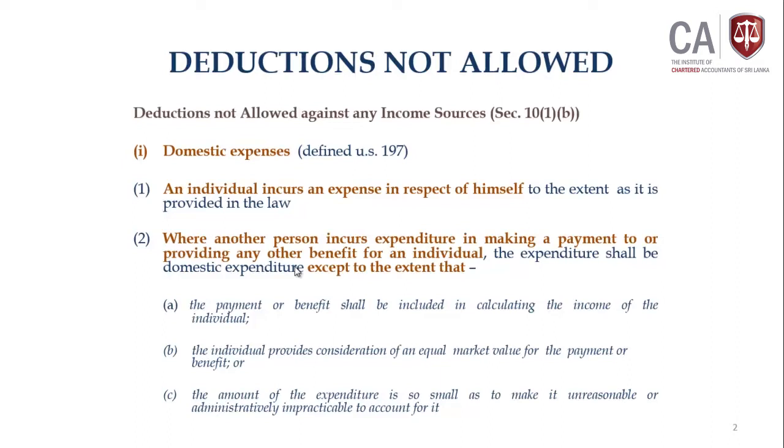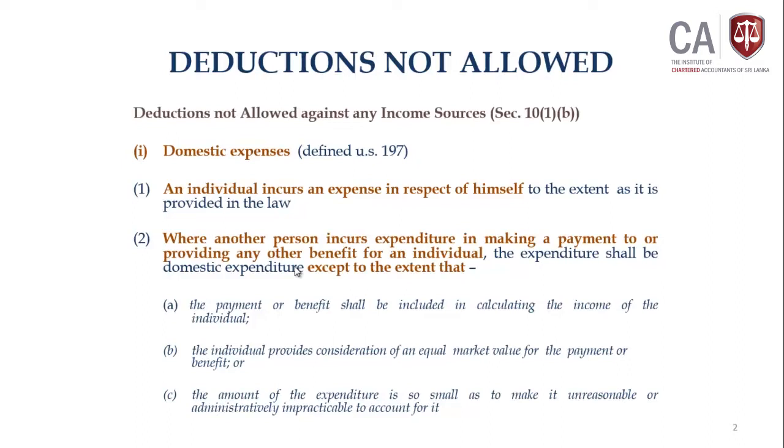Okay? But if expenses are incurred by the company for the benefit of an individual, and they are not identifiable under A, B and C, then that expense becomes a domestic expense. So, as a result you have to disallow under section 10(1)(b). Okay.